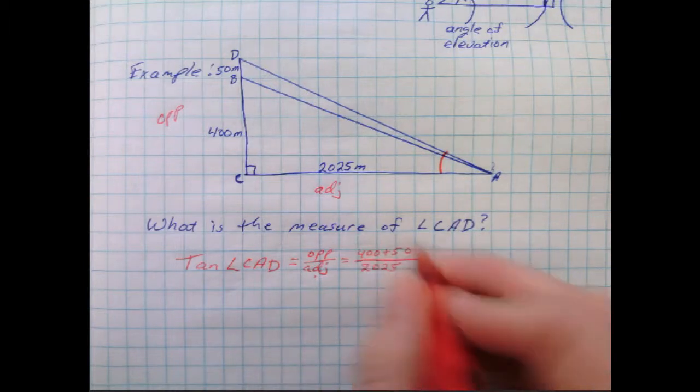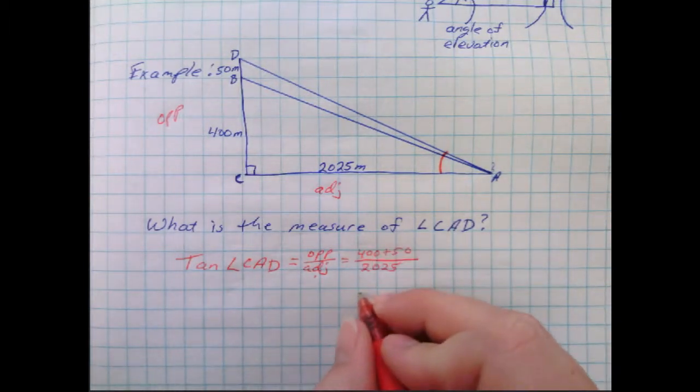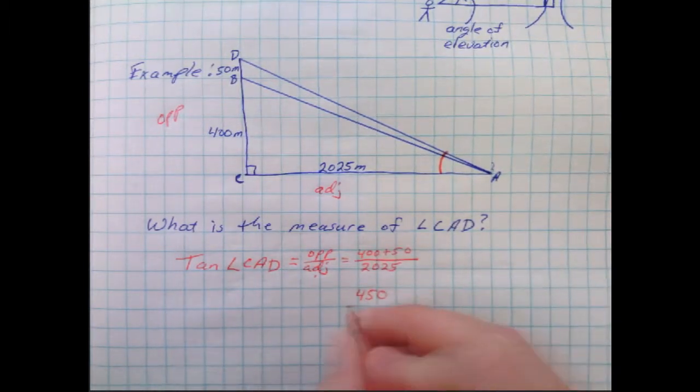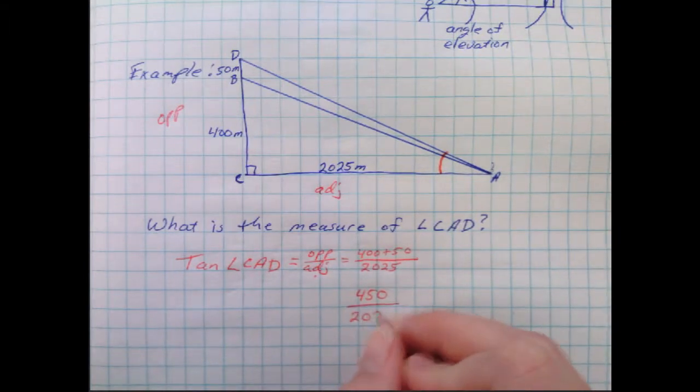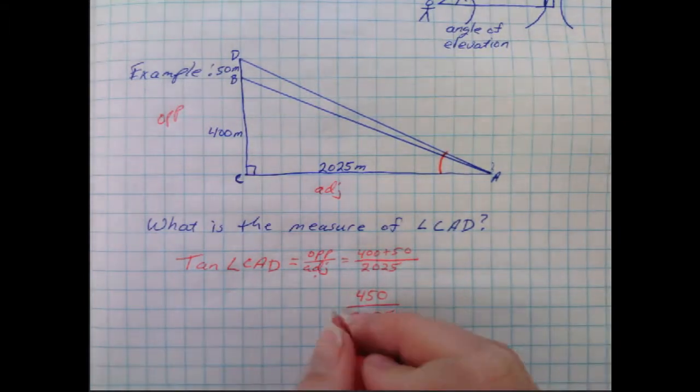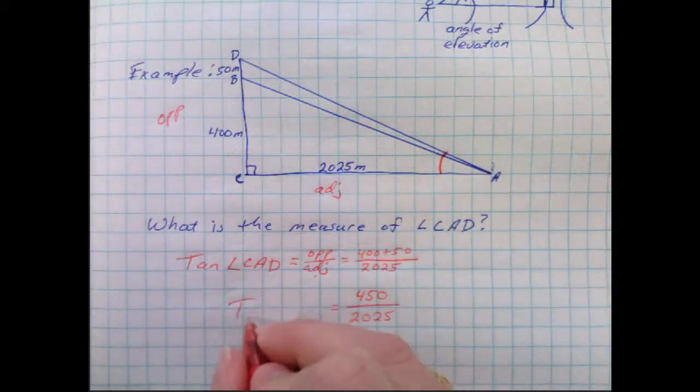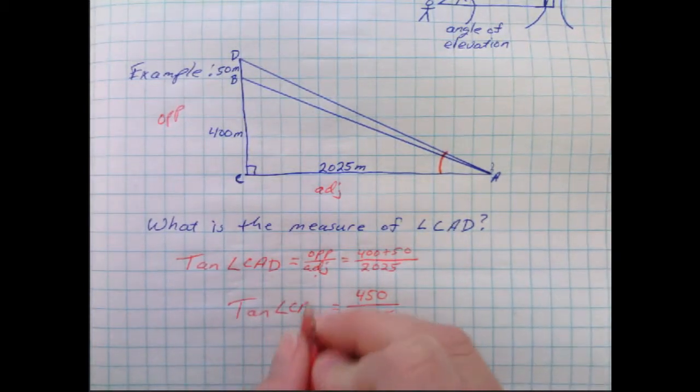Then I'm going to combine the top. So I have 450 over 2,025 equals tangent of angle CAD.